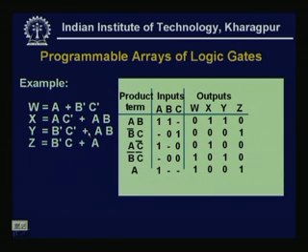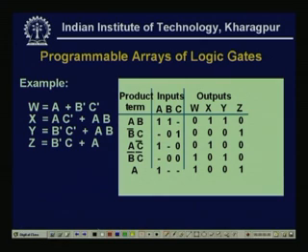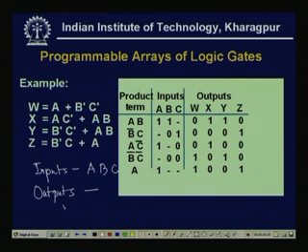So, this is a combinational logic where the inputs are only A, B, C, and the outputs are W, X, Y and Z. Say it is already minimized using Karnaugh map, as given in the problem.